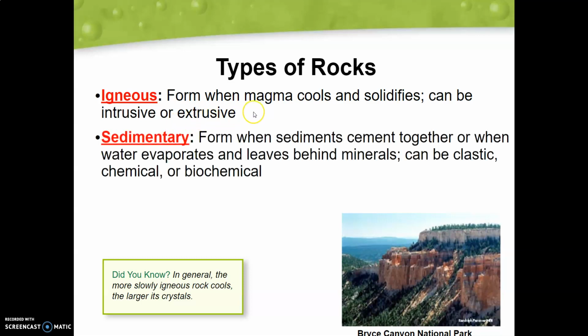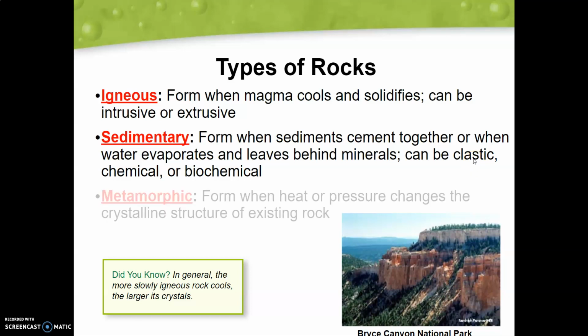Sedimentary is formed when sediments cement together or when water evaporates and leaves behind minerals. There are 3 different types of sedimentary rock. We'll talk about that later too. You don't have to know that, but it's interesting information.